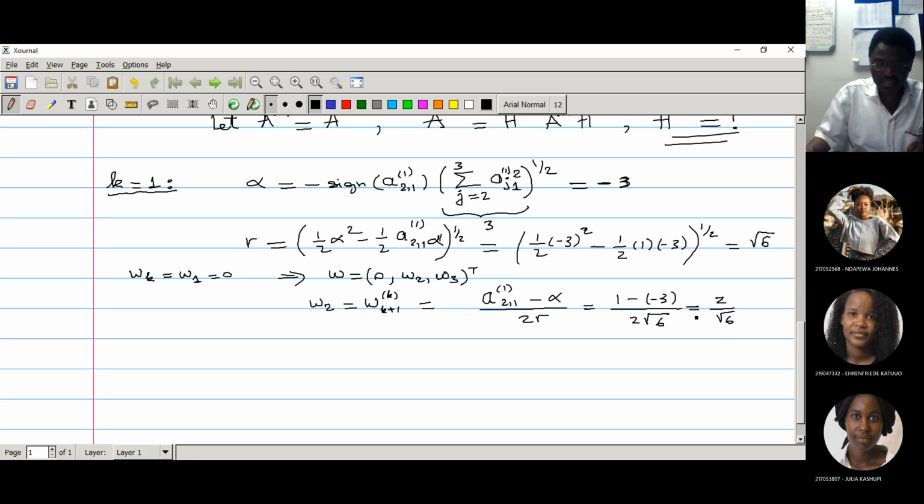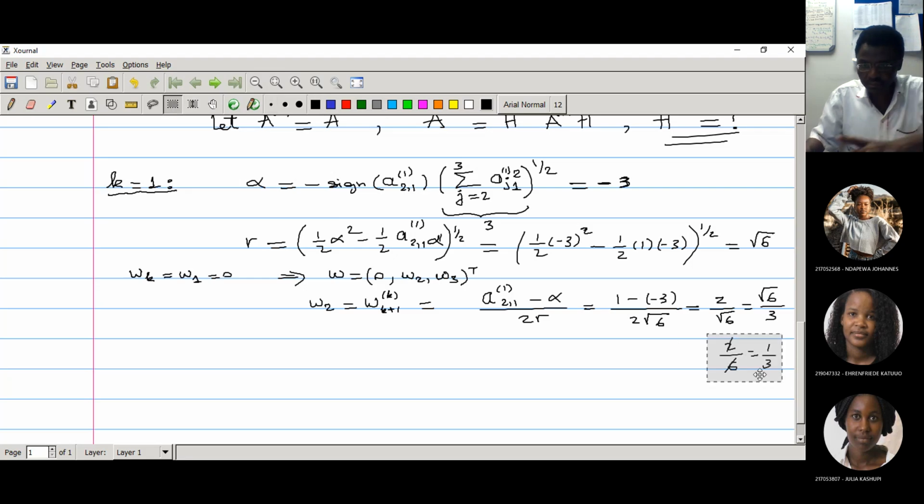That is the same as, if I multiply the numerator and the denominator by square root of 6, the denominator becomes 6, with the 2 above will be 3, so that is square root of 6 by 3. All right, so we have that entry. That's for W2.